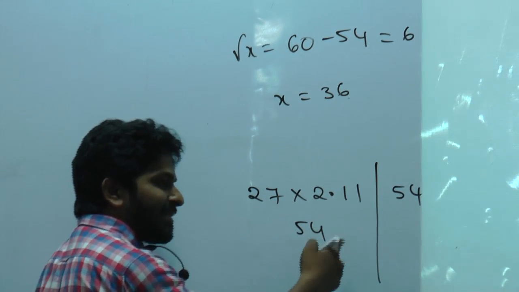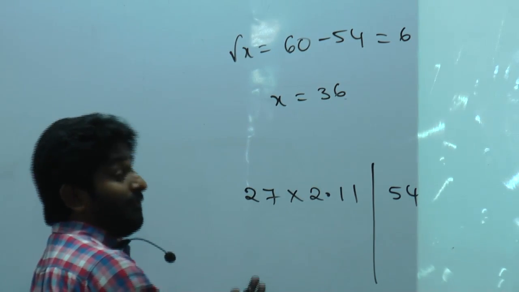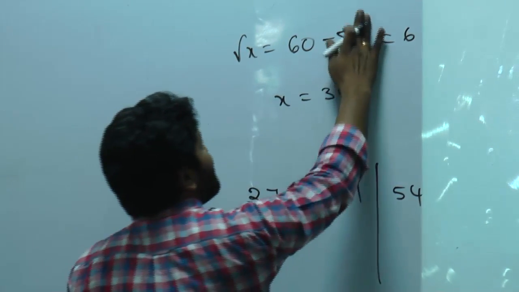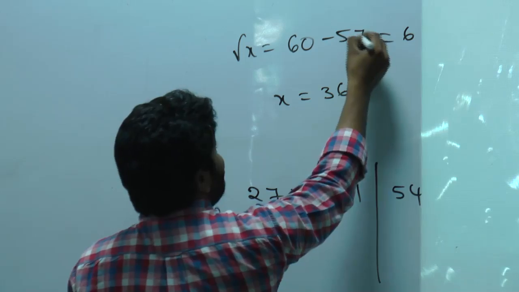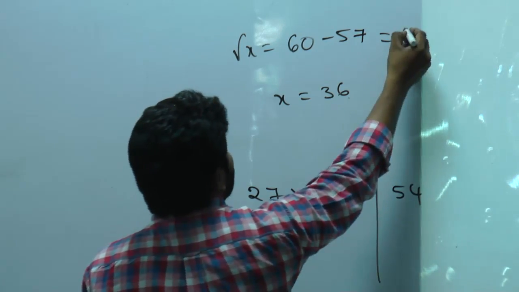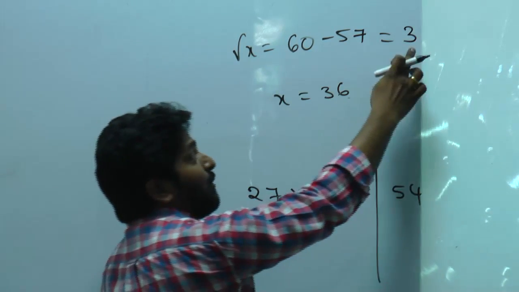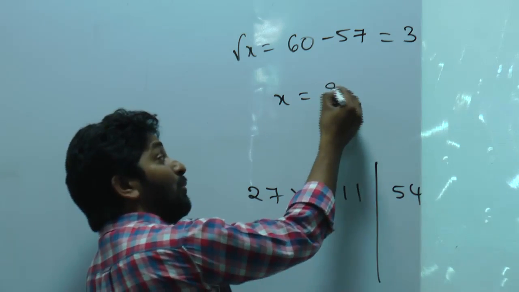So 54 plus 3, 57. So in that case, it becomes 60 minus 57. Root x is equal to 3. X is equal to 9.